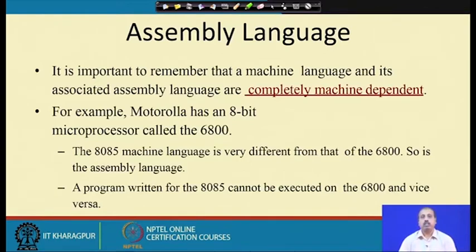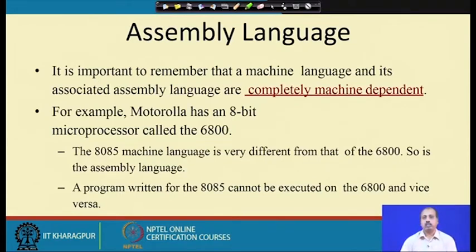If you learn the assembly language of one processor, it is not going to be the same as that of another processor, because this is done by the processor designers at their own wish.